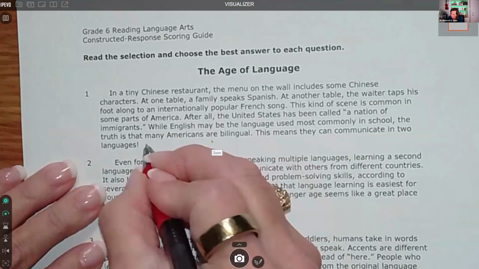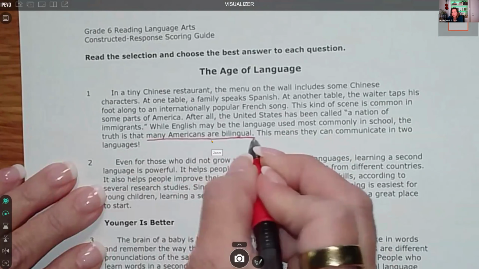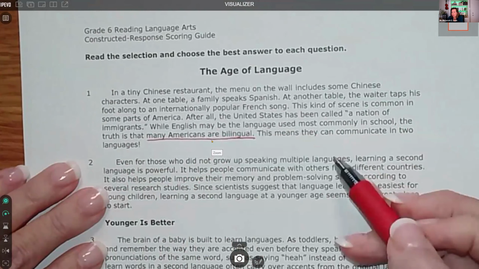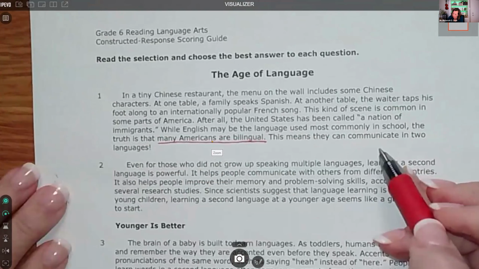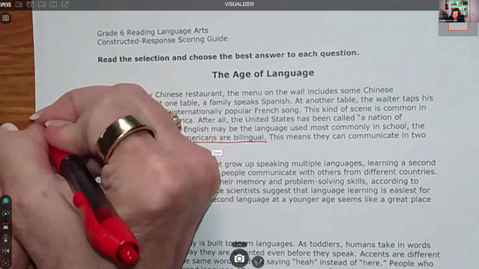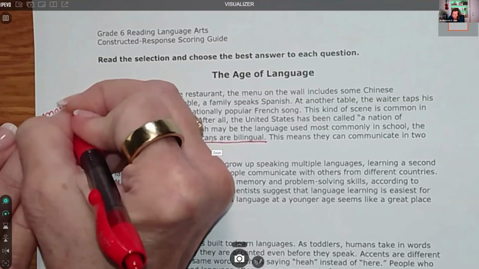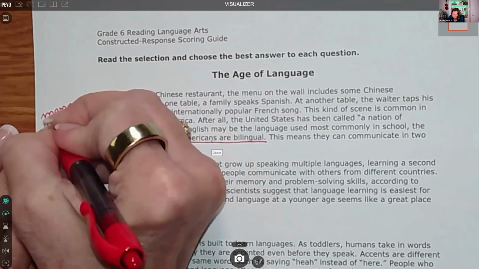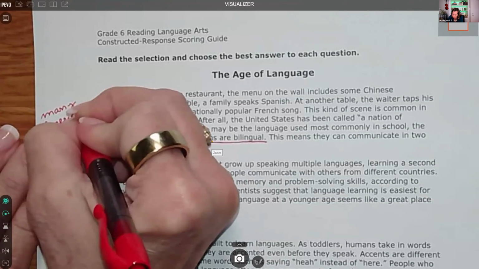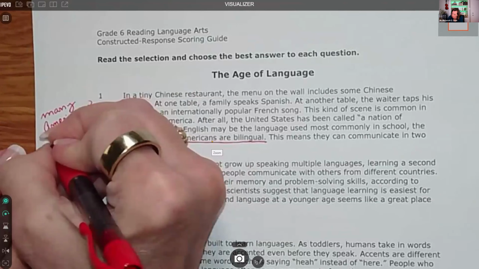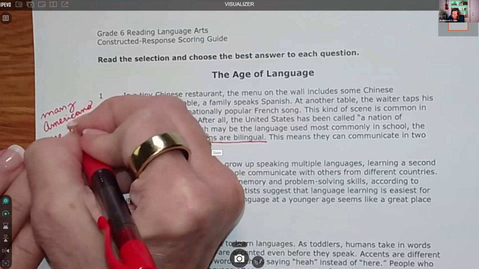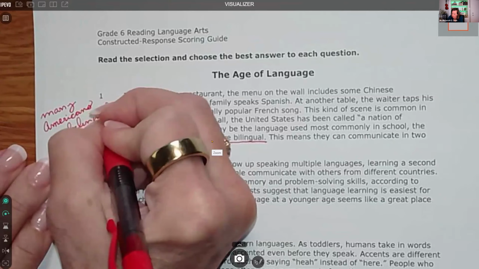And that is that many Americans are bilingual. That's the purpose of this first paragraph. And so I'm going to have them write over here, many Americans are bilingual. When I'm teaching this the first time, they have to summarize it over here.